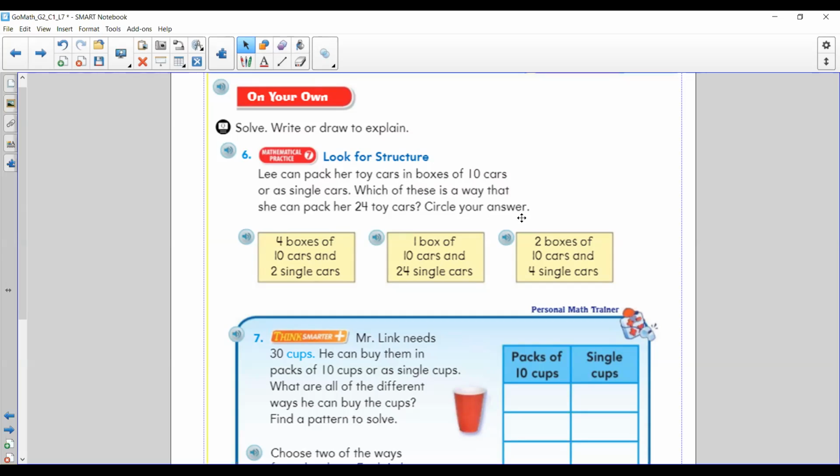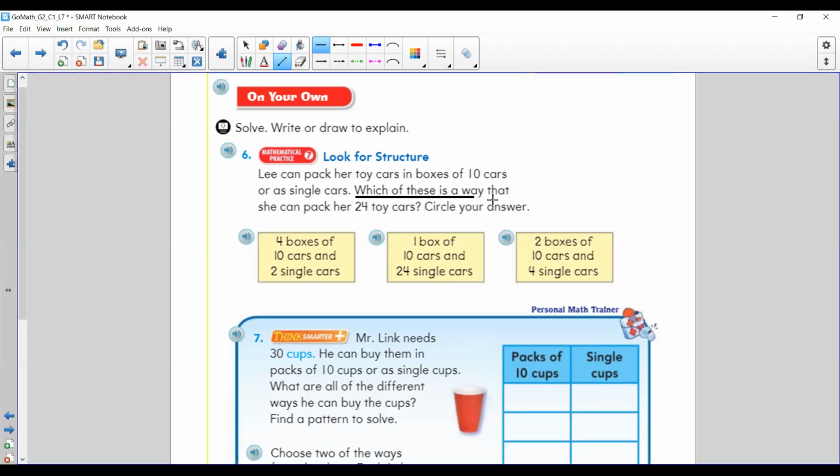And circle your answer. So she has 24 toy cars, and we want to find out which is a way that she can pack her 24 cars.